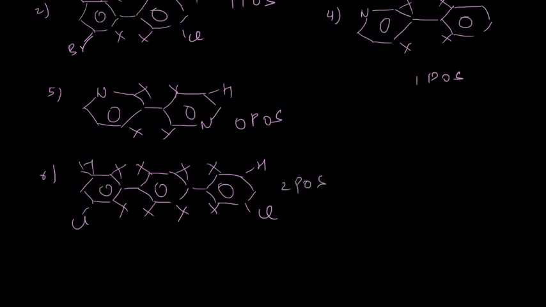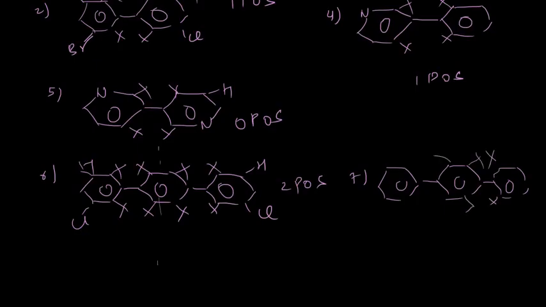One is the molecular plane and another is the plane passing through the midpoint. Seventh, here we have bromine and iodine. Here we have hydrogen and chlorine.